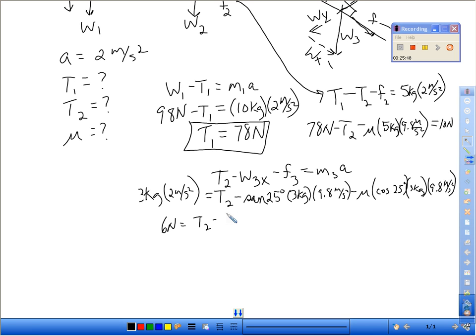So sine of 25 times 3 times 9.8 gives me 12.42. So that value is going to be 12.42. Mu, still don't know, but I can go ahead and multiply the cosine of 25 times 3 kilograms times 9.8 meters per second squared, and I get 26.65 right there. So I'll just put that in a parentheses.